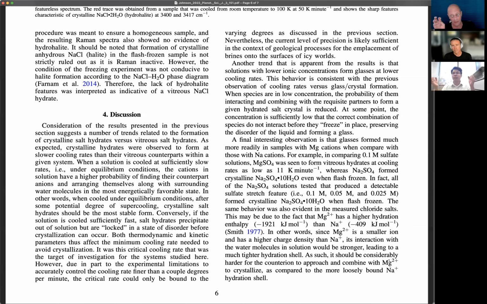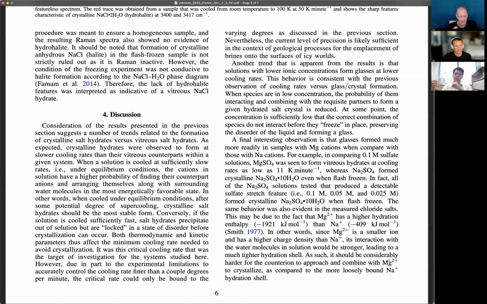And so for a salt crystal to form, these ions have to break through the water barrier to find their partners and crystallize out. In the case of sodium versus magnesium, magnesium is, first of all, a 2+ charged ion. Sodium is 1+. And magnesium is also a smaller cation than sodium.